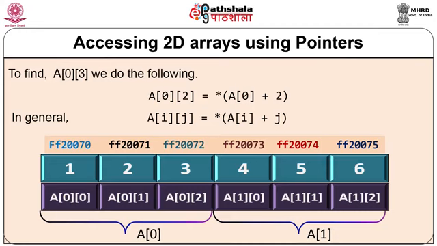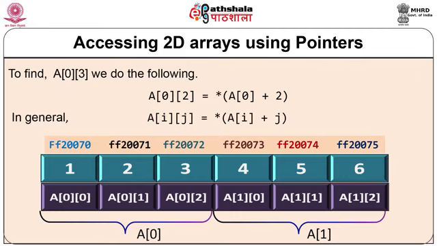Hence, to find the element A02, we do the following: A02 equal to *(A0 + 2).